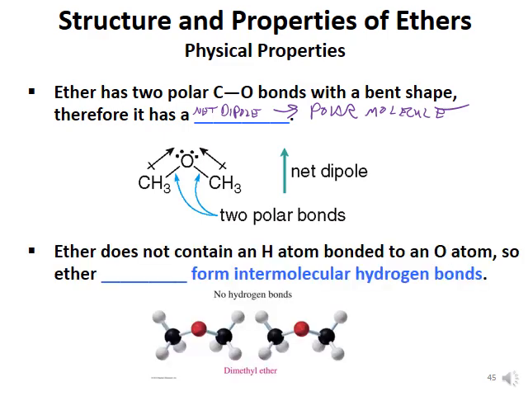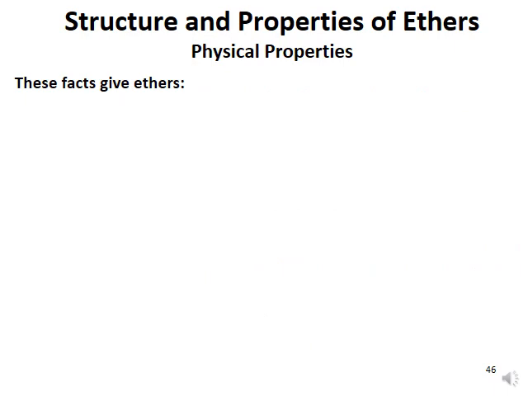Even though the ether is polar, it does not have a hydrogen directly bonded to an O. So ether does not form intermolecular hydrogen bonds. There's just no hydrogen there. So what does that mean? It's a polar molecule, so dipole-dipole forces for intermolecular forces are possible, but no hydrogen bonding.